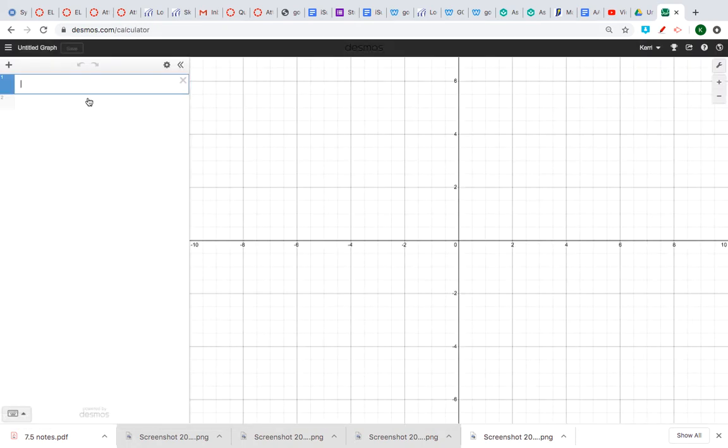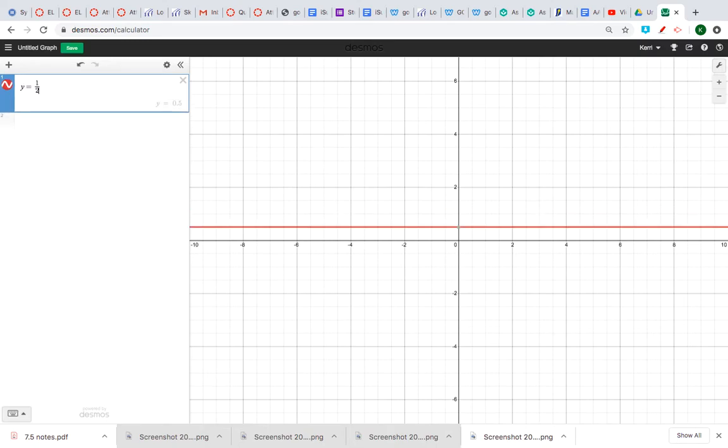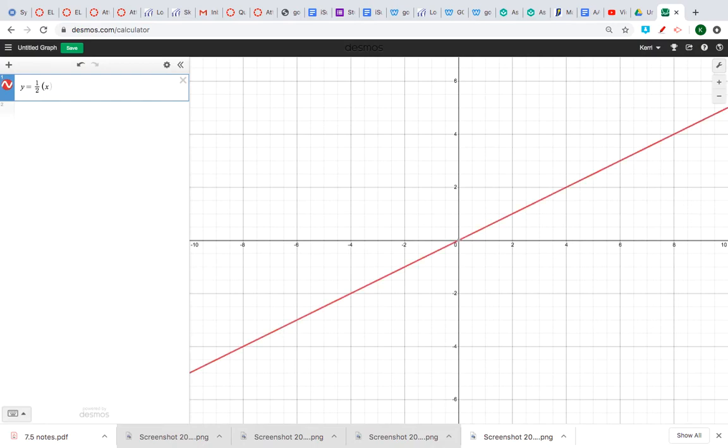So typically, if I were to say to you, find the inverse function of any function on the world. So if I were to give you y equals 1/2 of x minus 4.